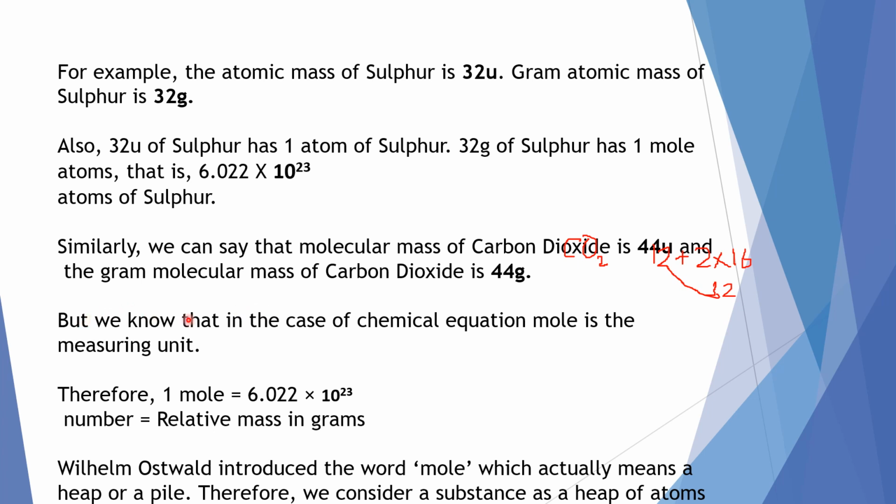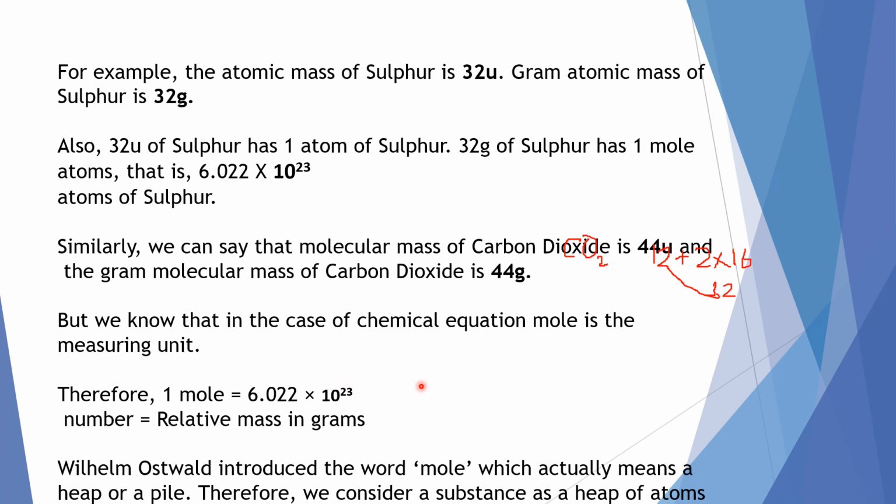Yes. But we know that in the case of a chemical equation, mole is the measuring unit. When we say gram or kilogram, that is a measuring unit. So in chemistry, mole is also a measuring unit. Therefore, 1 mole is equal to 6.022 into 10 power 23 number.